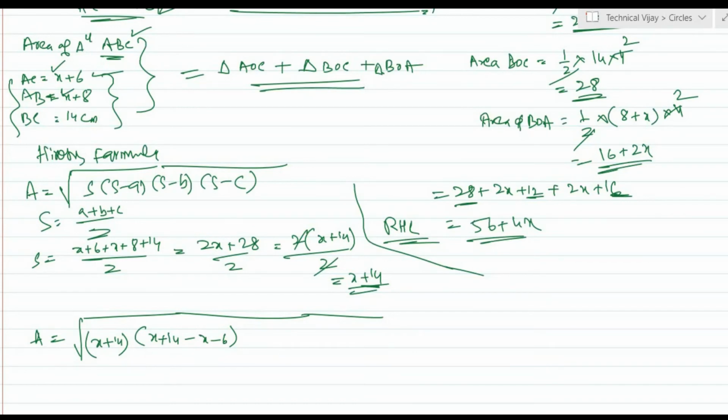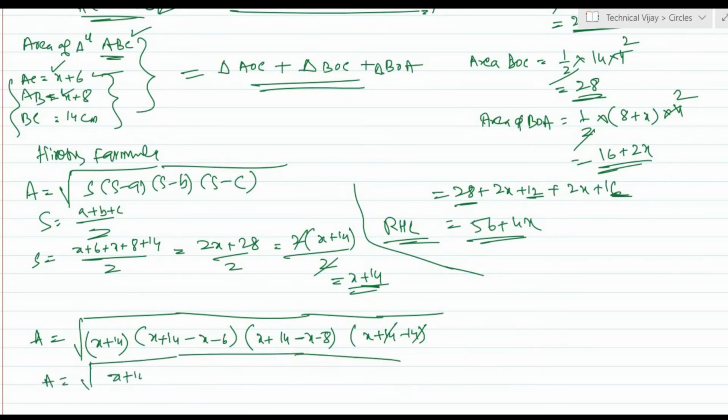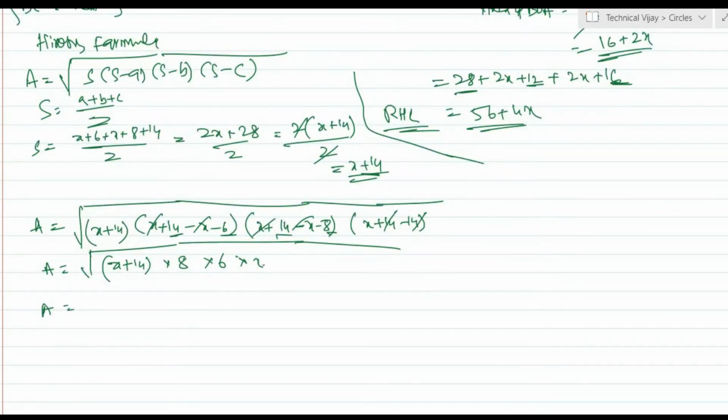Into s minus b, s again x plus 14 minus x minus 8, then s minus c, that is x plus 14 minus 14. So 14 cancels. Here area is equal to x plus 14, then 14 minus 6 is 8, x cancels, and here x cancels, 14 minus 8 is 6, into x.